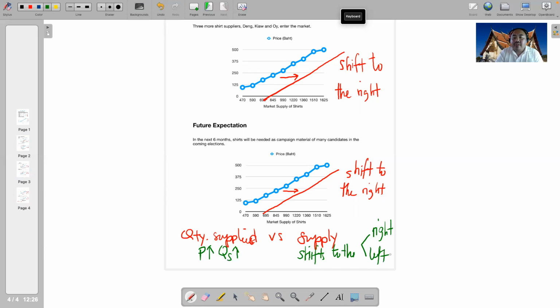Here we are talking about the response of the supply curve to certain non-price determinants of supply, like government intervention, future expectation, the size of the market, the price of related goods, the price of inputs, etc. So quantity supplied is movement along the curve. When we talk about movements of supply, we are talking about shifts of the supply curve to the right or to the left. All right. So I hope you got the distinction between the two.